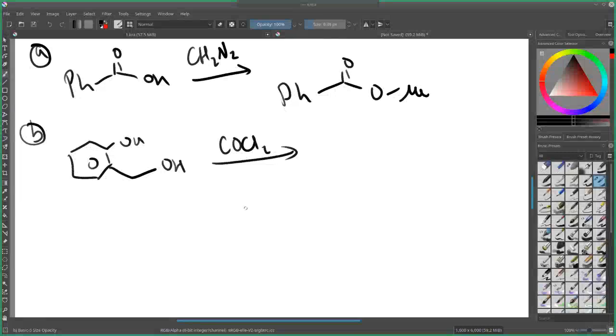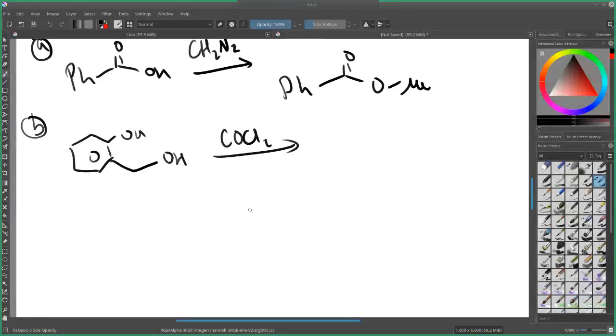Cool. So, anybody have any ideas of what will happen in this reaction? Anybody? Is one of the alcohols gonna attack the carbon reagent?